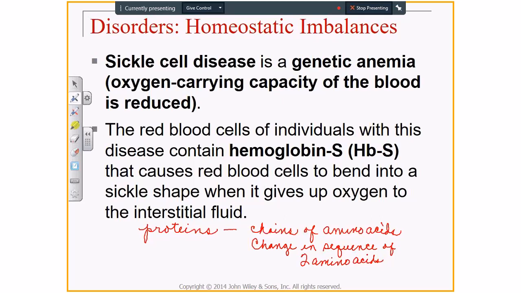So if you have only one sickle cell gene, it means you have increased resistance to malaria.